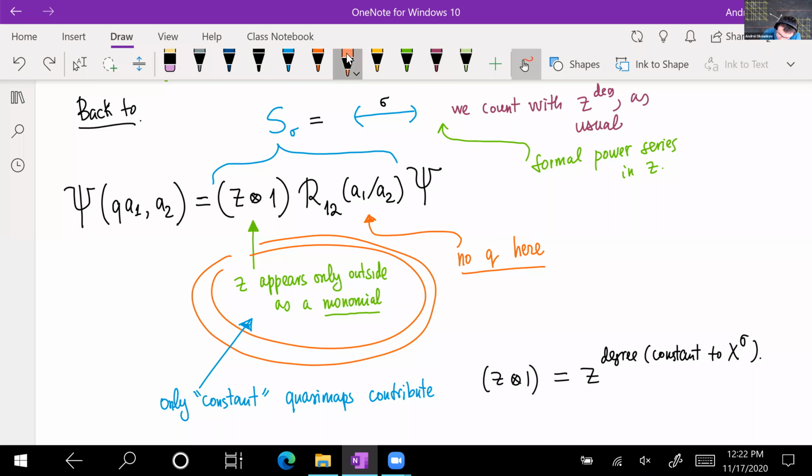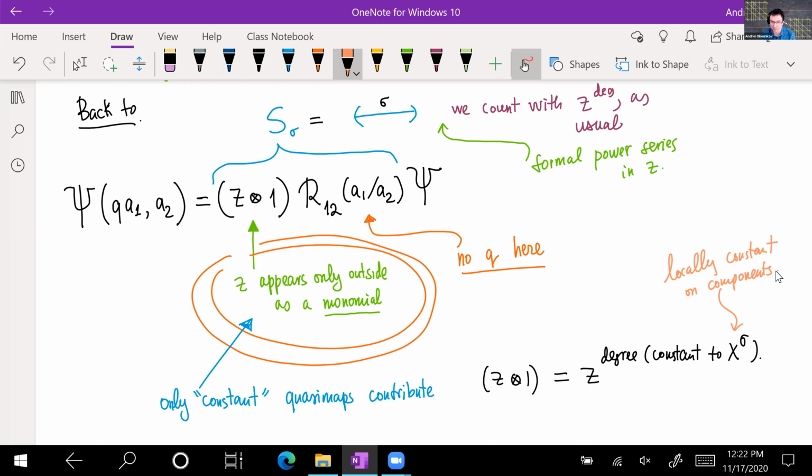This is some locally constant function on components of this, and this is the function we computed and identified. This is something we computed last time.